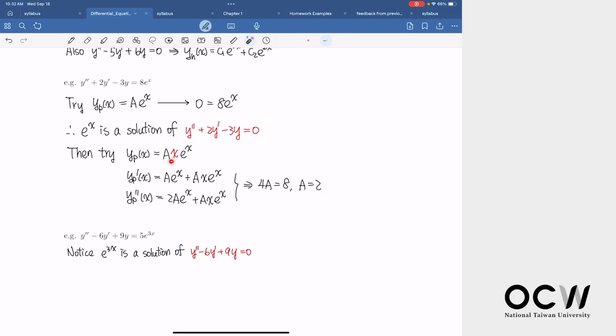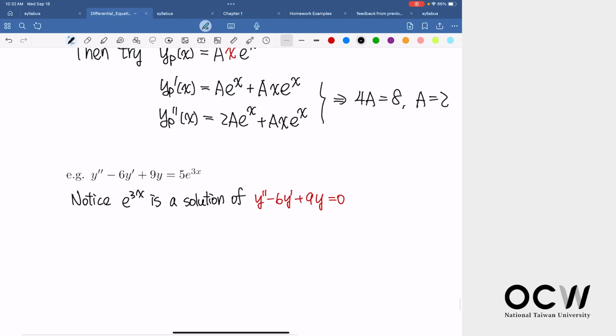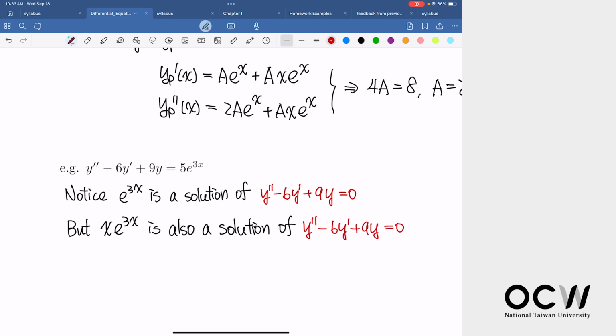Then we guess a times x times e to the 3x. But if you guess a times x times e to the 3x, it is also a solution. x e to the 3x is also a solution, since they have repeated roots of y double prime minus 6y prime plus 9y equals 0.